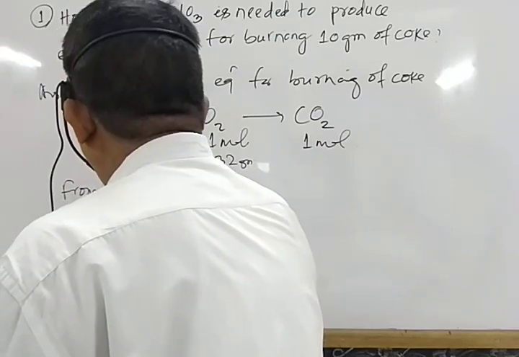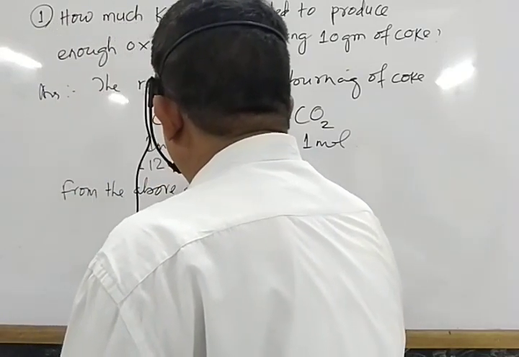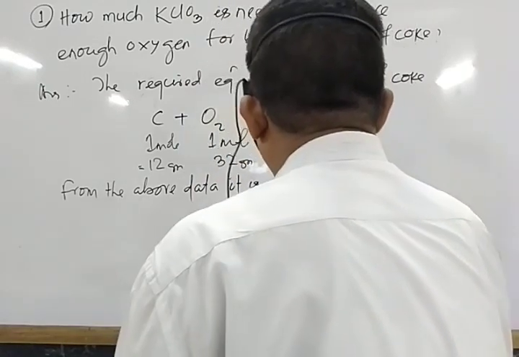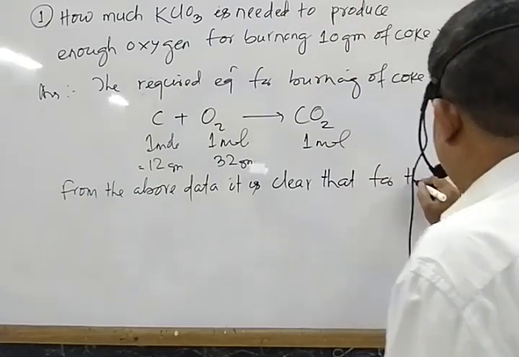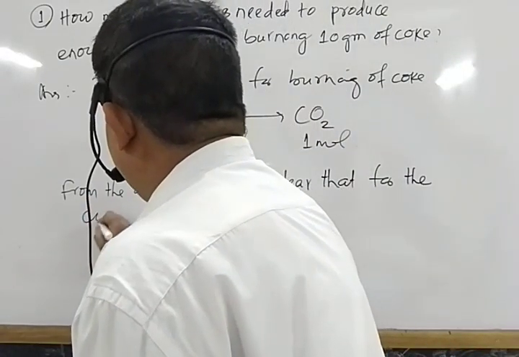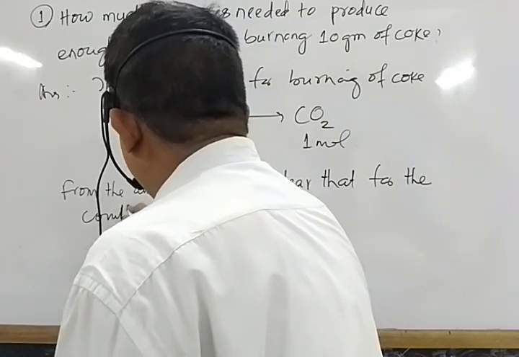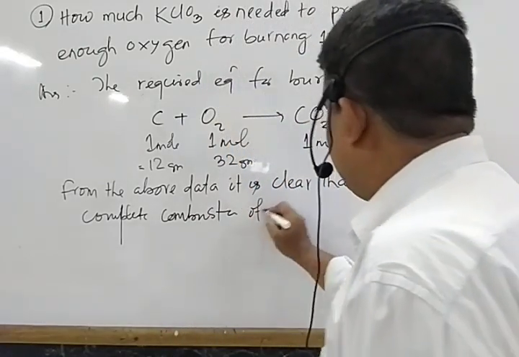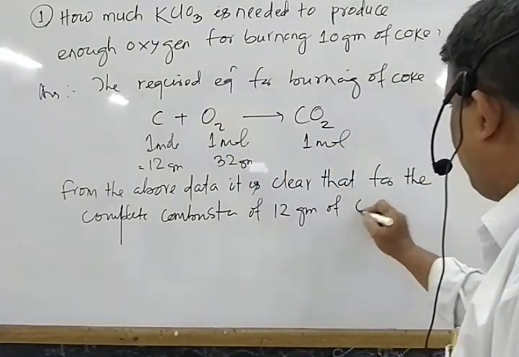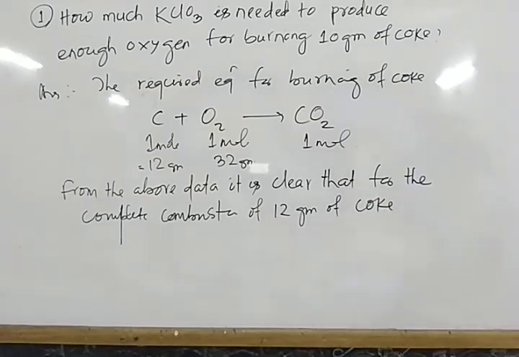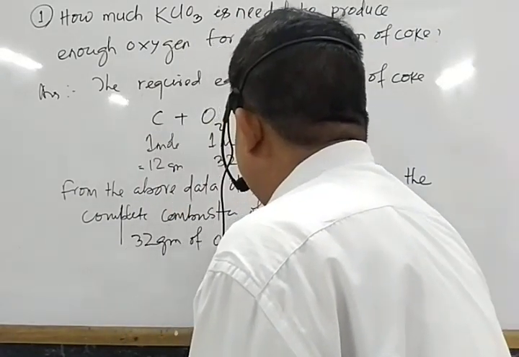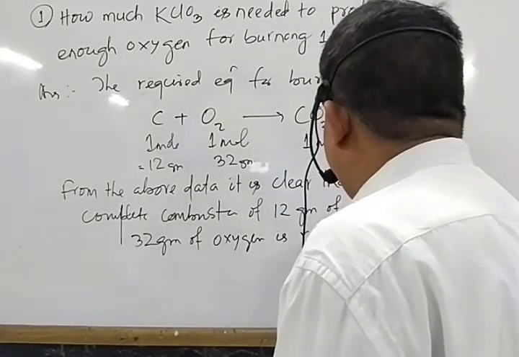From the above data, it is clear that for the complete combustion of 12 gram of coke, 32 gram of oxygen is required.